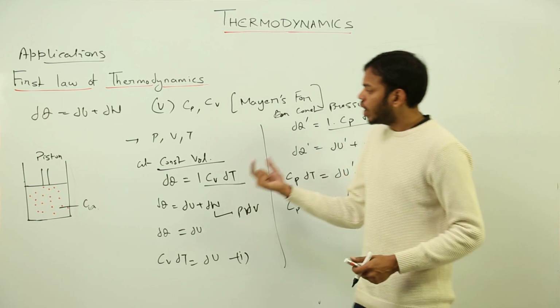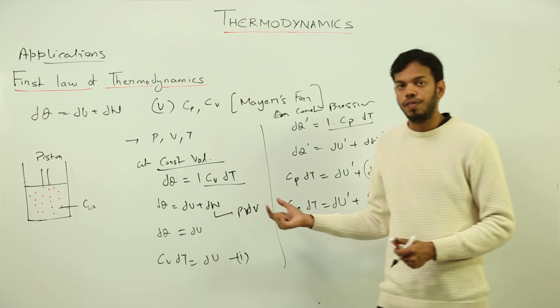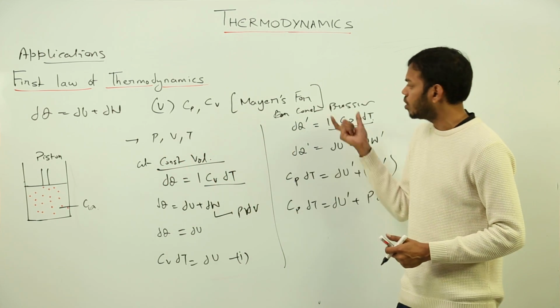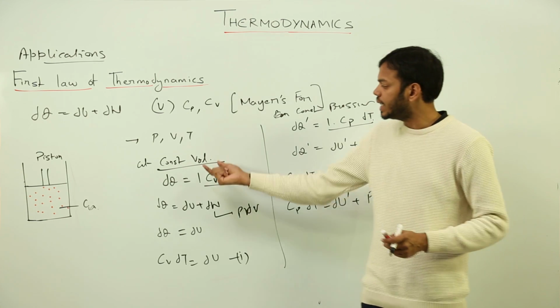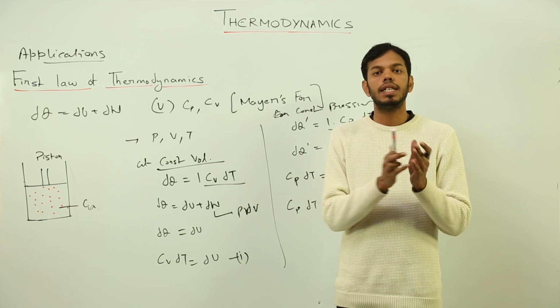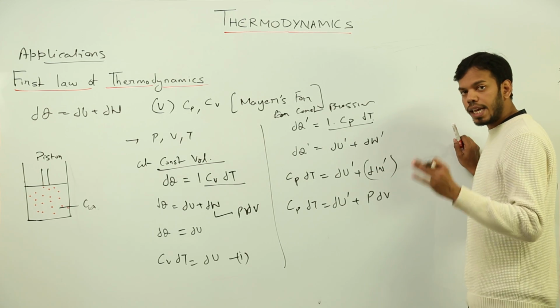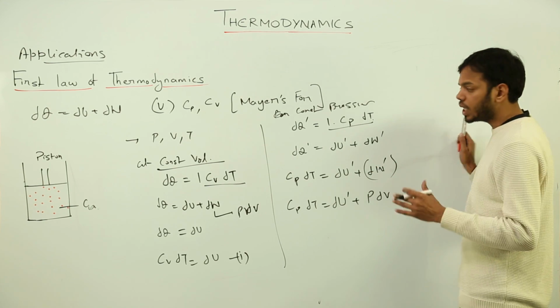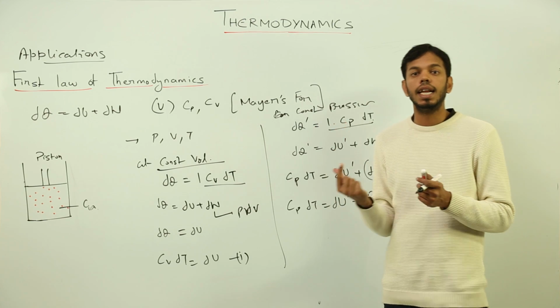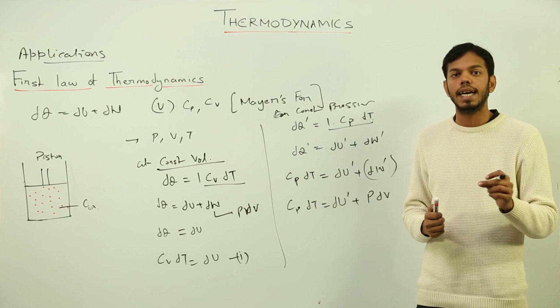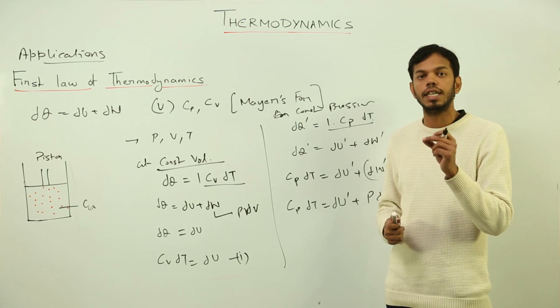Now what is the change in temperature? We are changing the temperature in both cases, at constant volume and constant pressure, by exactly the same amount. dT is the small change in temperature, the same value in both cases. So when the same temperature difference has been created in both cases, the internal energy change is going to be equal, because the internal energy of an ideal gas depends only on the change in temperature.